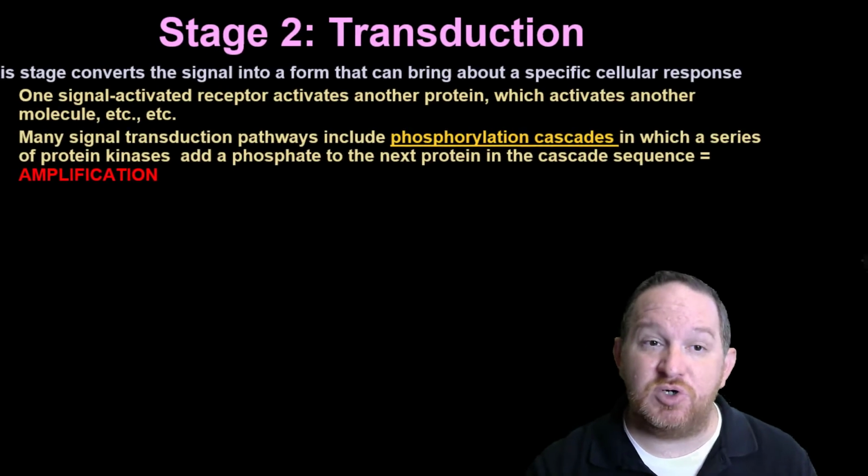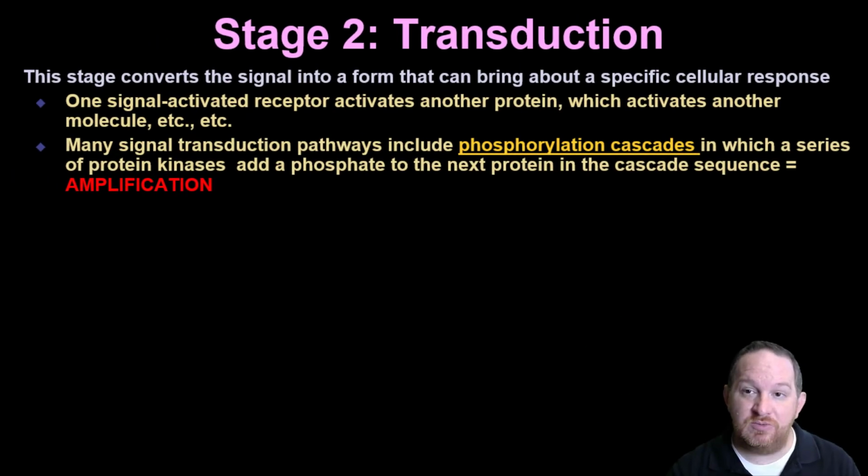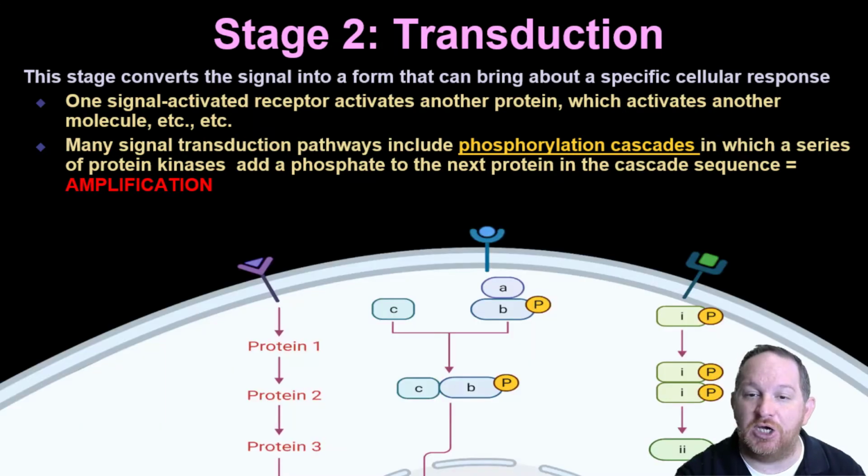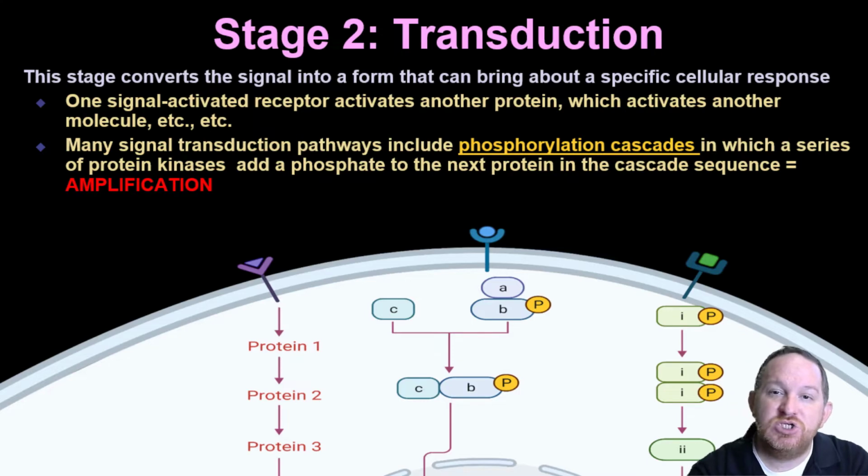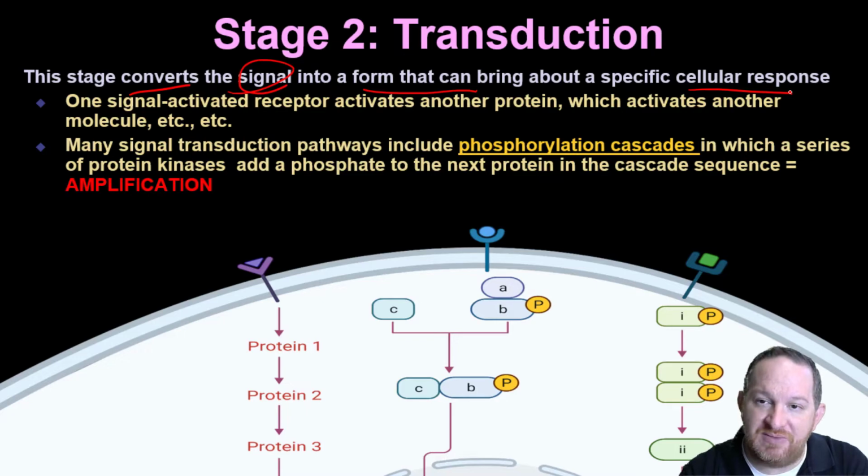Once the receptor has bound, right, the ligand has bound to the receptor, what we're going to see here is that transduction needs to occur. So what transduction does is it converts the signal, right, we receive that ligand, into something the cell can understand and get a cellular response.